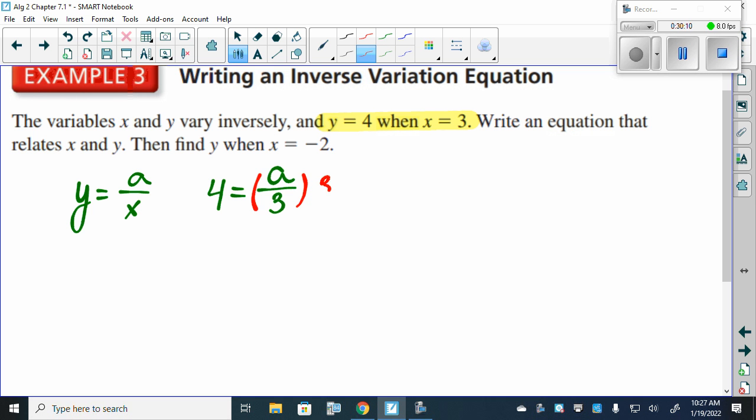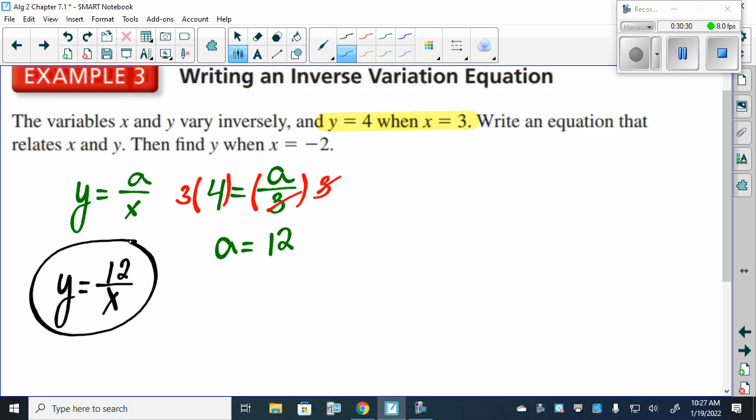Right, I'm going to multiply both sides by 3. These would simplify, exactly, tell me a is equal to 12. So our equation would be what? Y is equal to 12 over x. So there's half of the answer. Our equation relating x and y is equal to 12 divided by x.